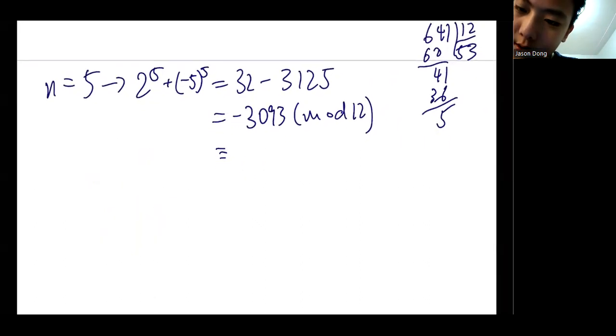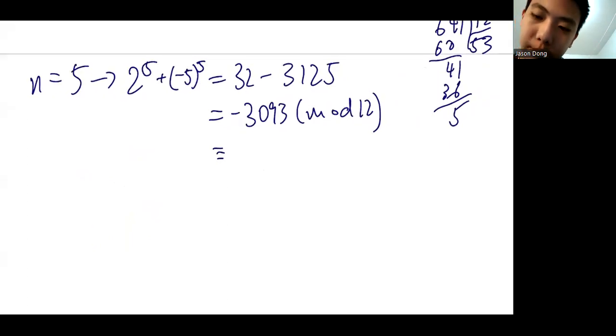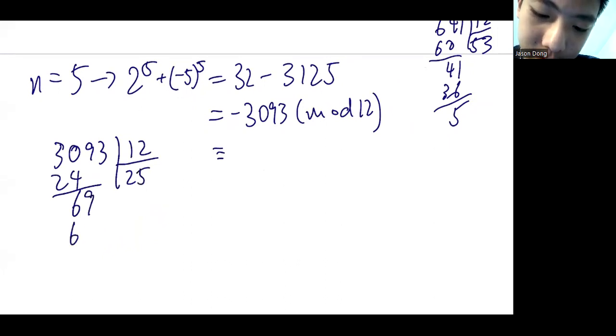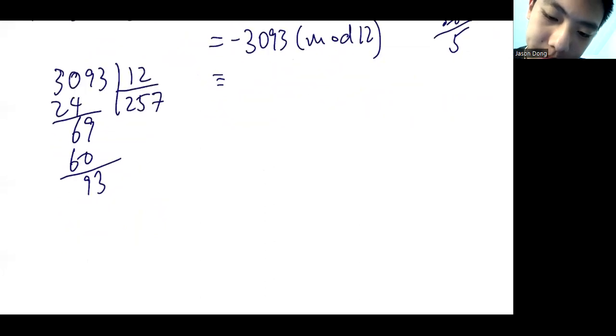So that'll be, let's find the biggest value that is bigger. 3097 divided by 12, that is 2469. 12 times 7, so it's 90, 84.